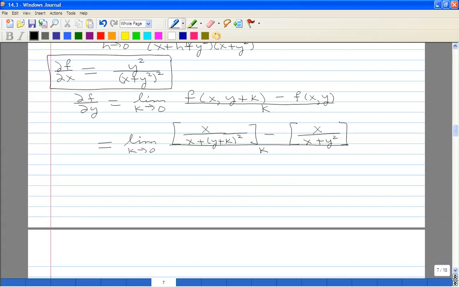So let's get a common denominator. x over x plus y plus k squared minus x over x plus y squared.